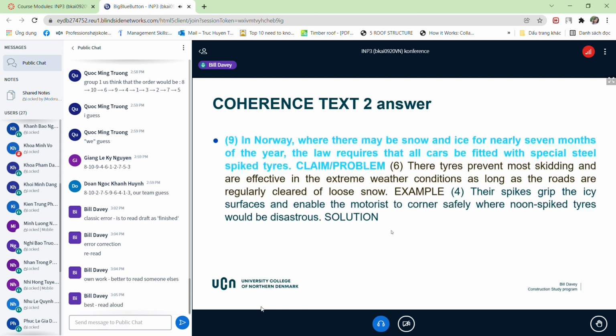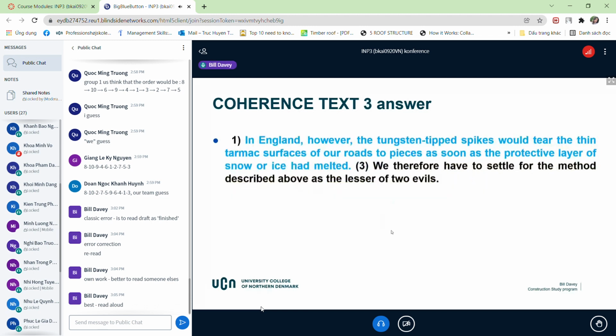So I'm going to keep saying it again and again. And then in the last paragraph, which turns out to be a very short paragraph, we have 2 sentences, and the 2 sentences kind of sum up what we have read before.